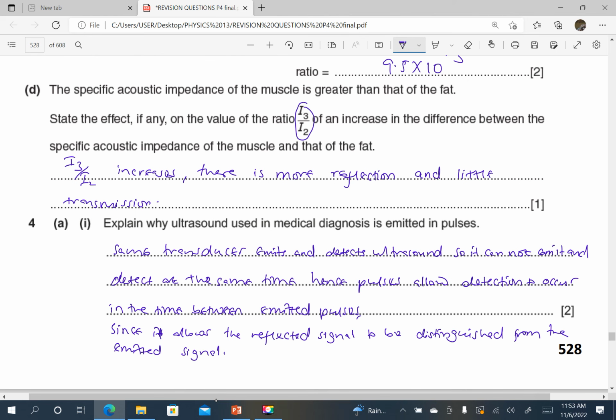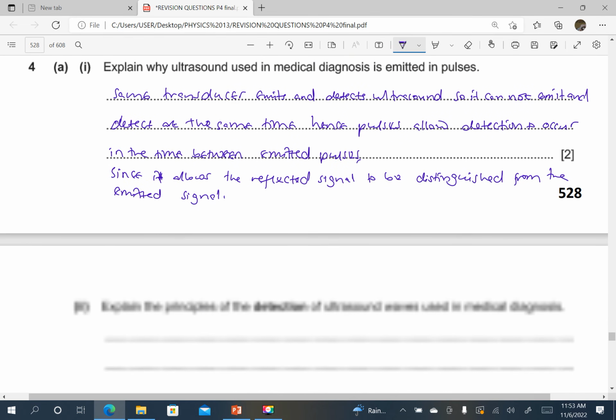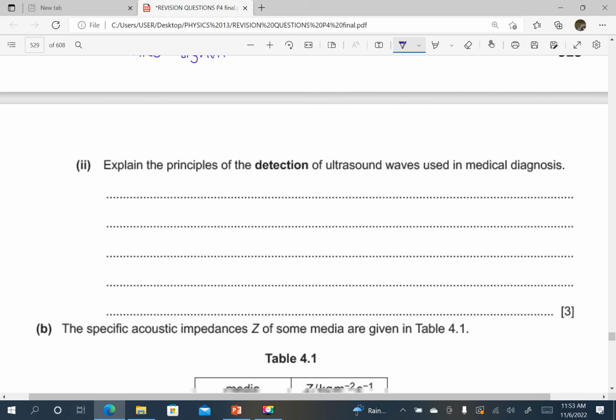So that is the purpose of short pulses. Okay.